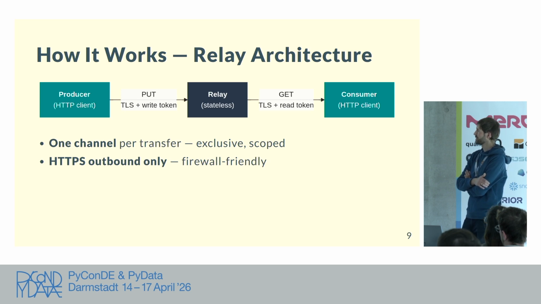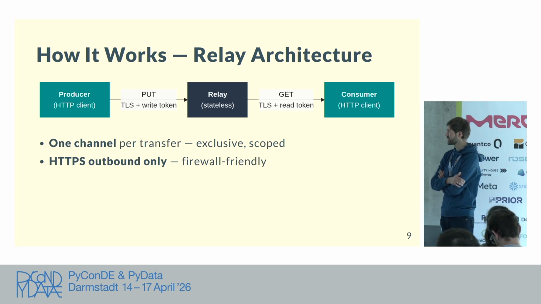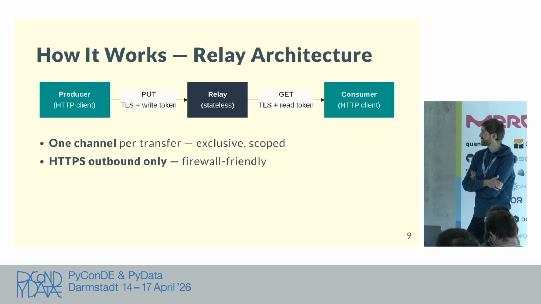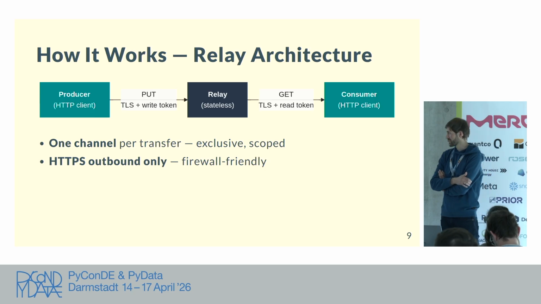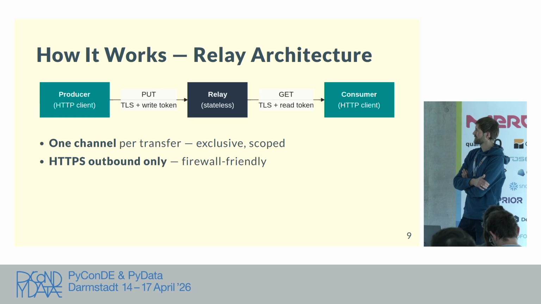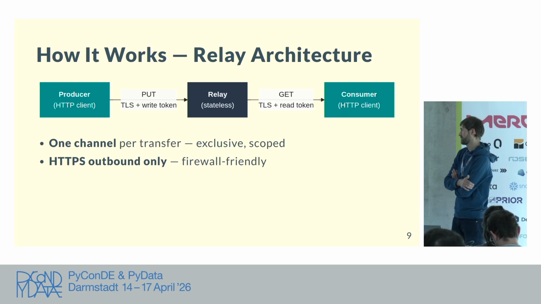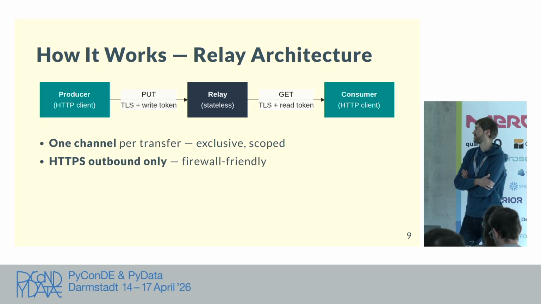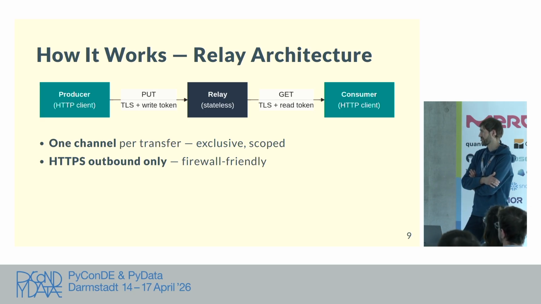There's one channel per transfer, and it's scoped, it's exclusive. It's like a named pipe. It has an address. It's secured via standard transport encryption, and it has very specific access via scope tokens. That's basically it. It works through firewalls, it works through organizations, because it acts like a web browser or any HTTP client.